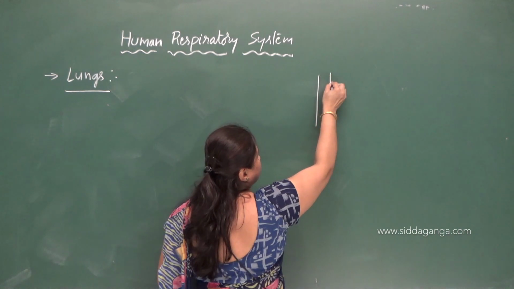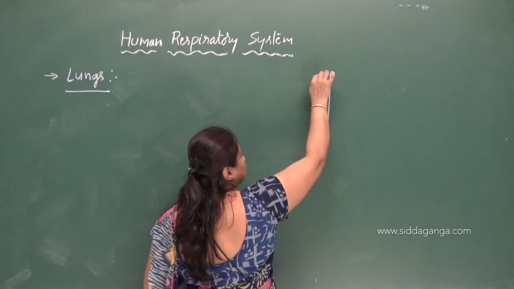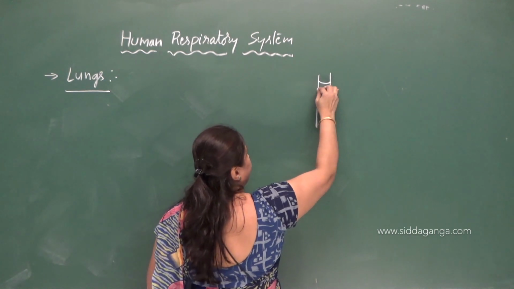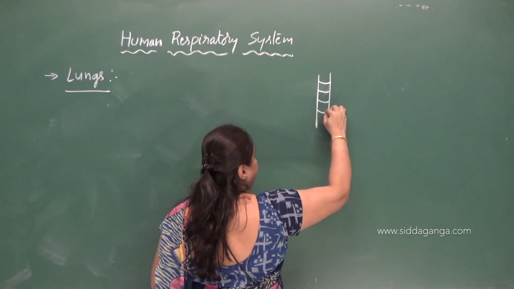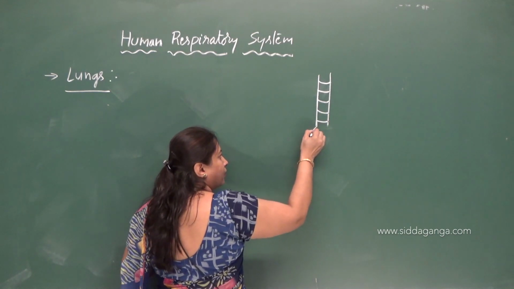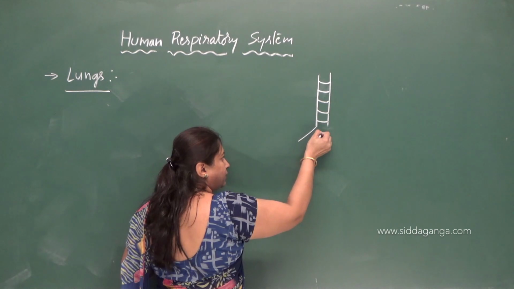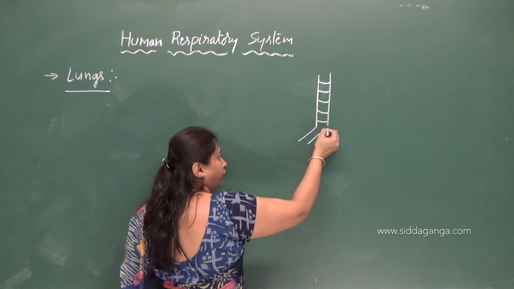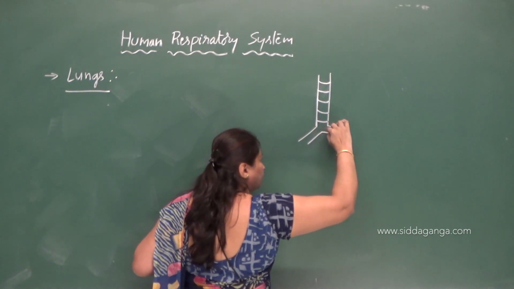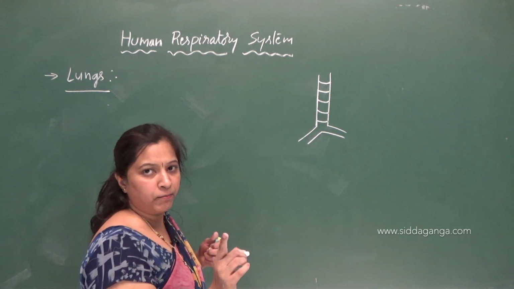It is also called as windpipe. It is supported by incomplete cartilaginous rings. So trachea, on entering into the thoracic cavity, at the middle of the thoracic cavity, at the level of fifth thoracic vertebra, divides into two branches. These branches are called as primary bronchi.